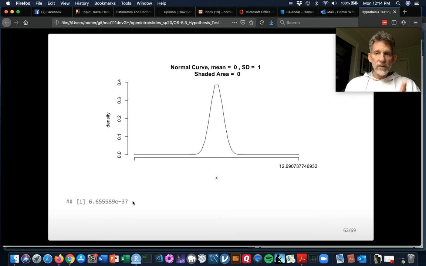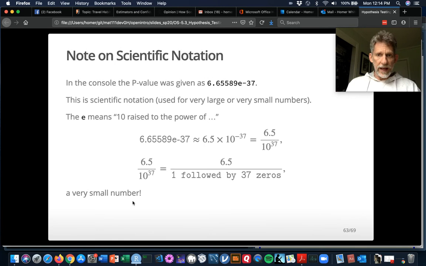Now remember, that's R's way of talking scientific notation. So let's review that just for a moment. When you see stuff like this coming out from R, remember that it's scientific notation. The E basically stands for 10 to a power. And so that number really is 6.5 times 10 to the negative 37 power.